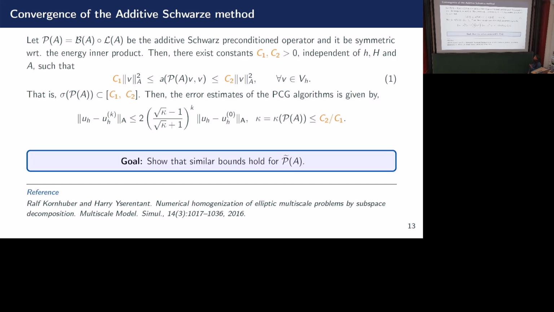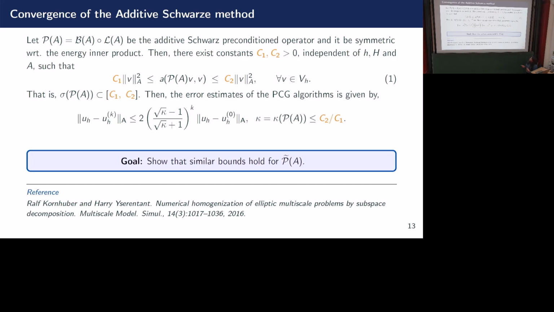So the classical additive Schwarz theory tells us that the spectrum of P, the additive Schwarz preconditioned operator, is uniformly bounded.